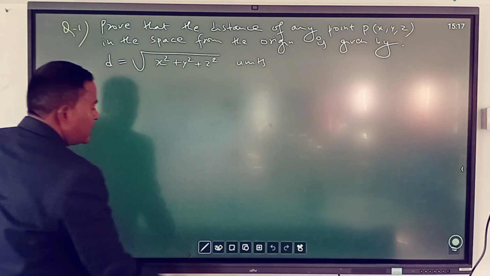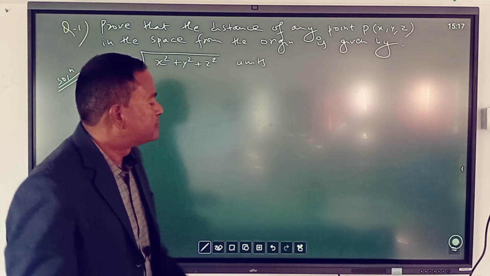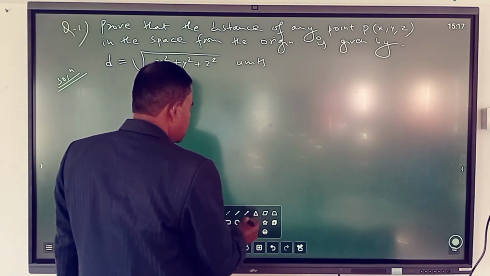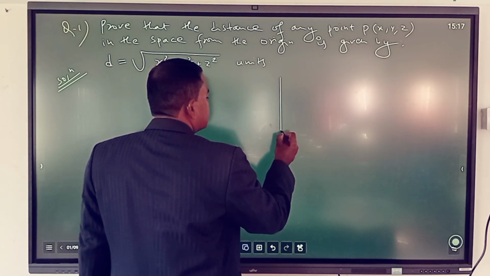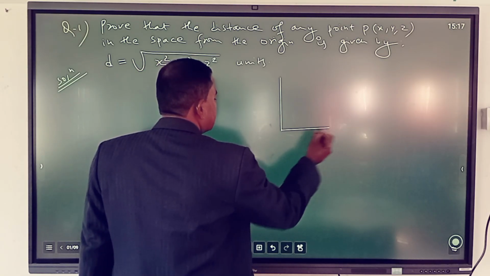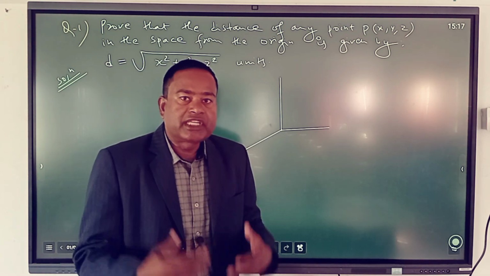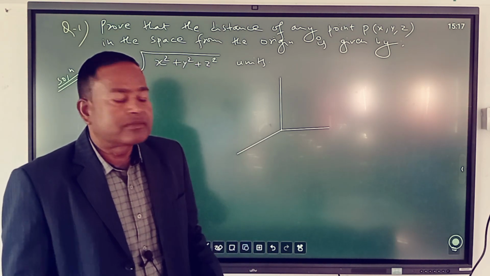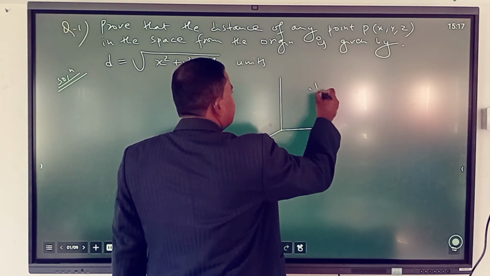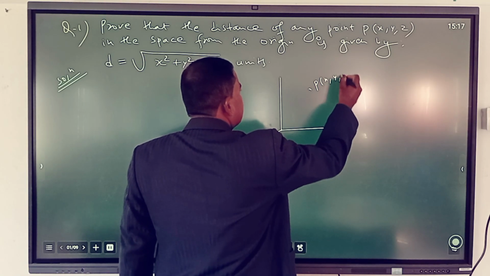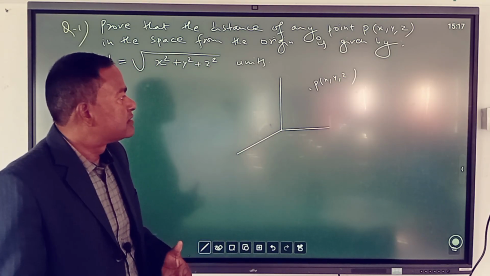Dear student, at first let us make a diagram. We are given a point P(x, y, z). Let's take a point P(x, y, z) in this space.